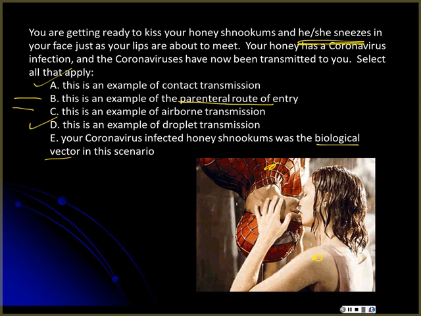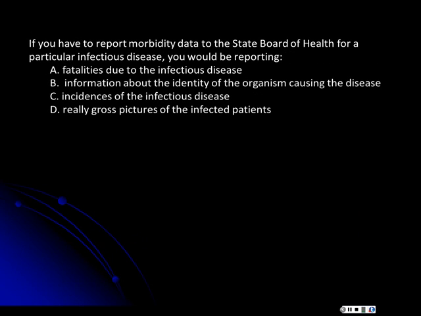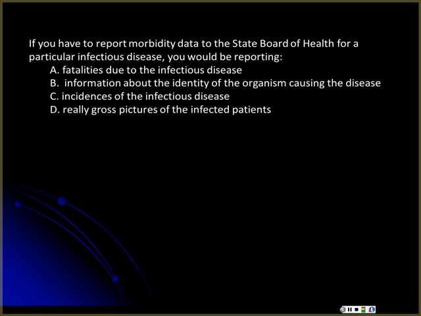So here there's no vector involved. They're transmitting to each other. So you're not a vector in that scenario. If Spider-Man bites her and then carries something to somebody else and bites somebody else, he would be a biological vector.